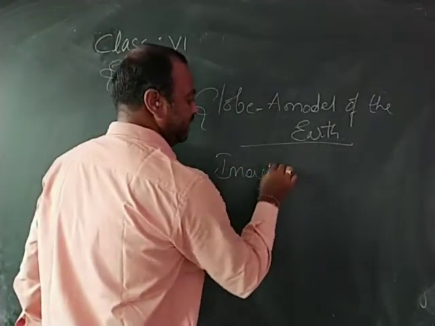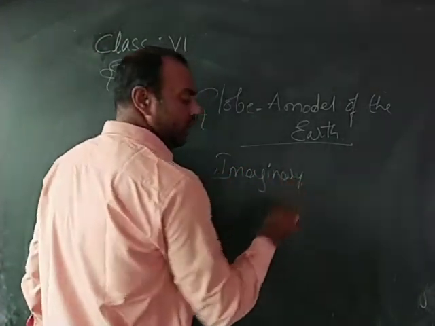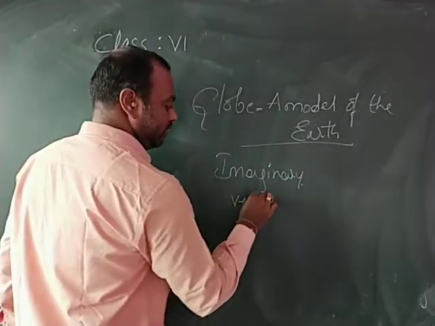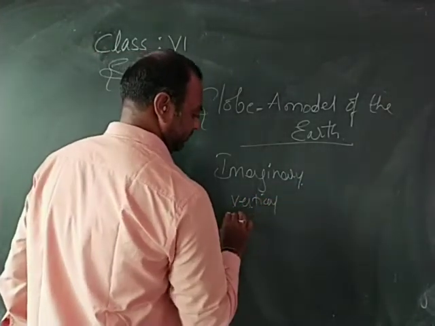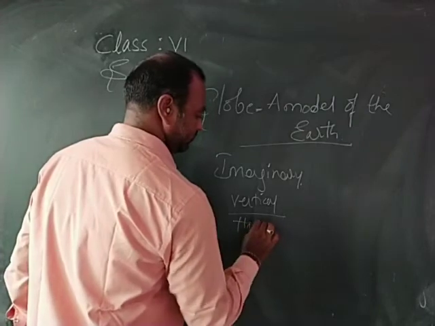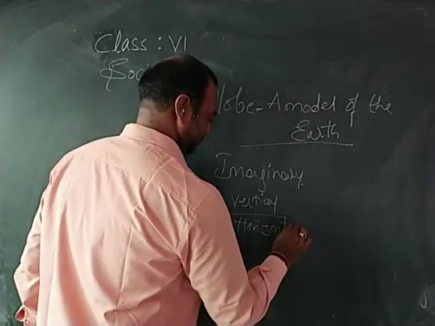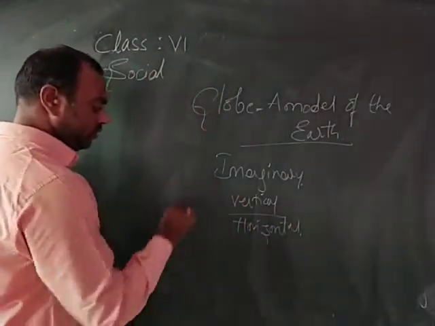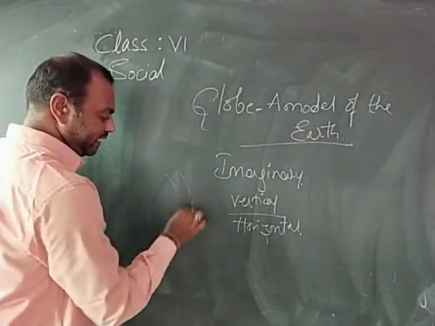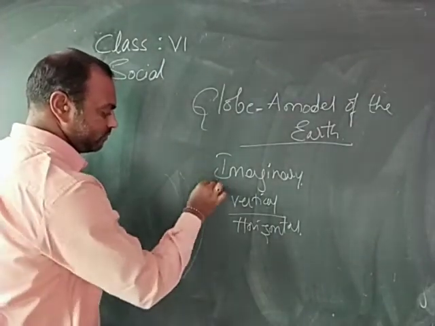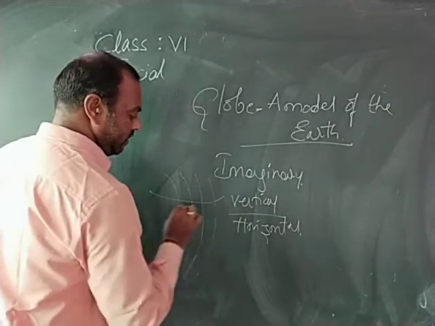These imaginary lines are vertical as well as horizontal. So these are the vertical lines and these are the horizontal lines.